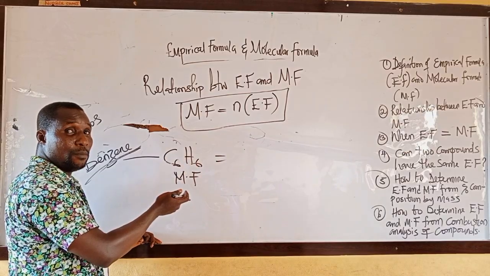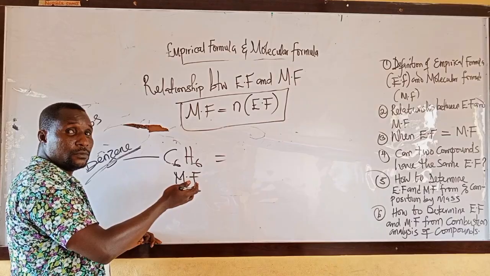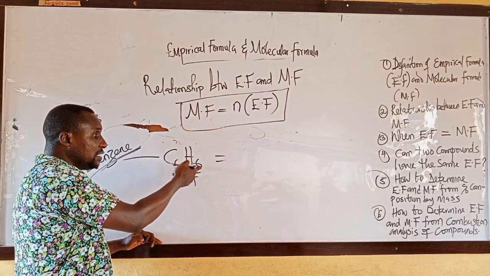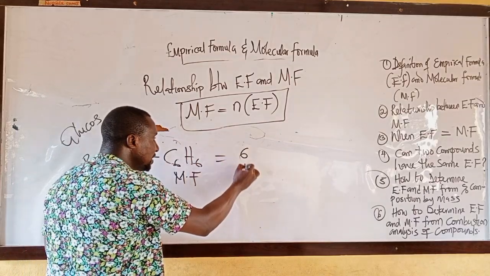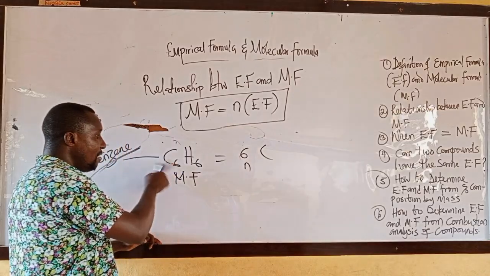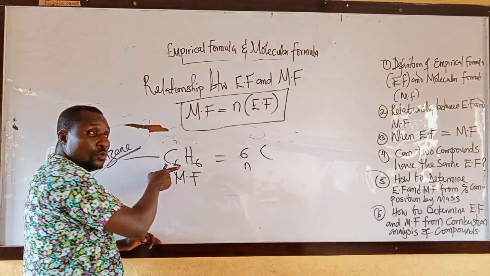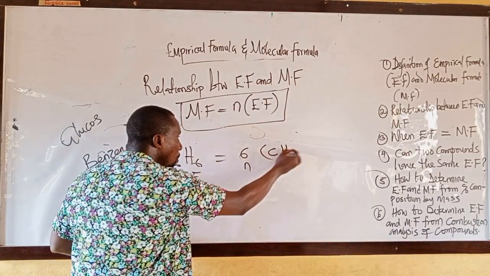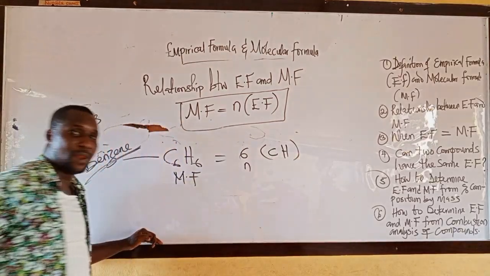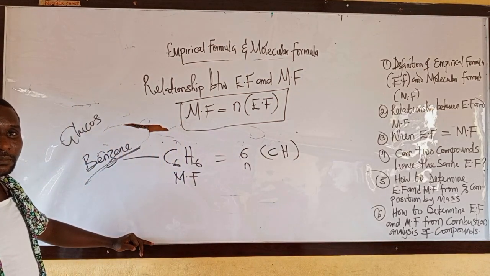Then what is the empirical formula? The simplest whole number ratio of benzene. They have 6 in common. Bring that 6 out. 6, that is N. What do we have left? We have 1 carbon, then 1 hydrogen. This is the empirical formula for benzene.